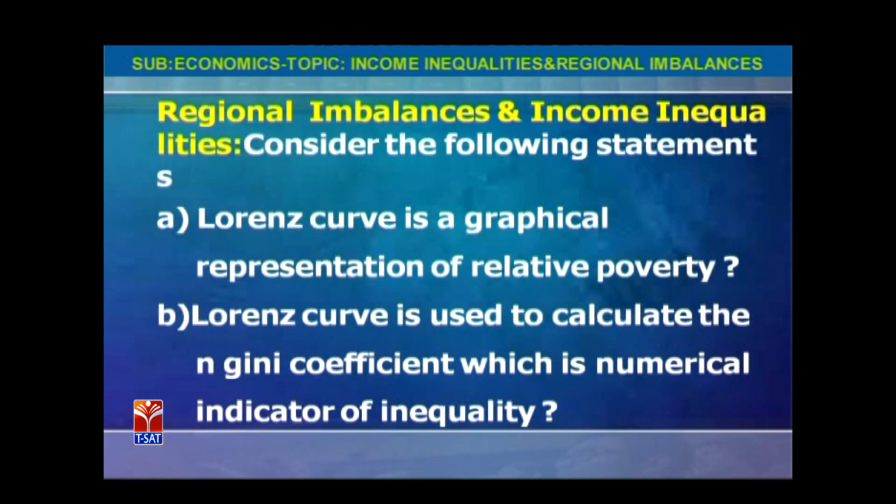Consider the following statements. A: Lorenz curve is a graphical representation of relative poverty. B: Lorenz curve is used to calculate the Gini coefficient, which is a numerical indicator of inequality.